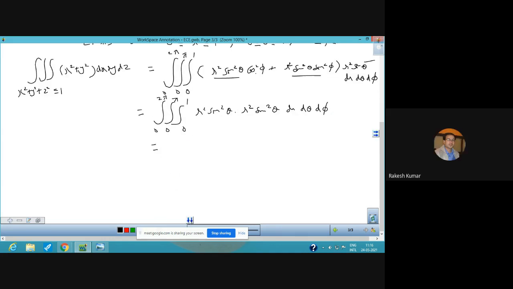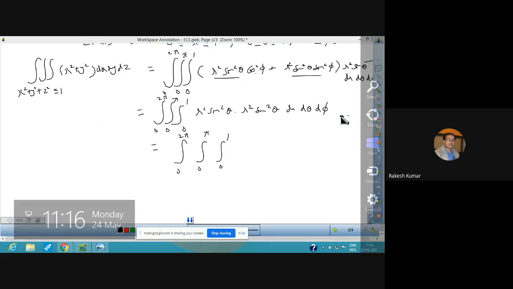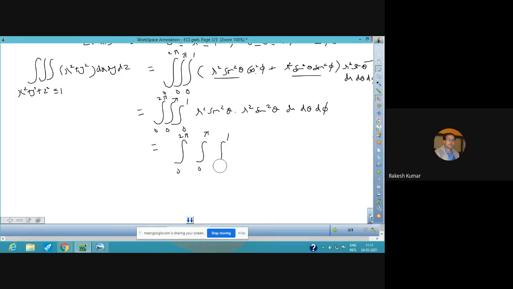Now further we have the triple integral, 0 to 1, 0 to pi, and 0 to 2 pi. What about this? You can separate the integrals here. Just see how.